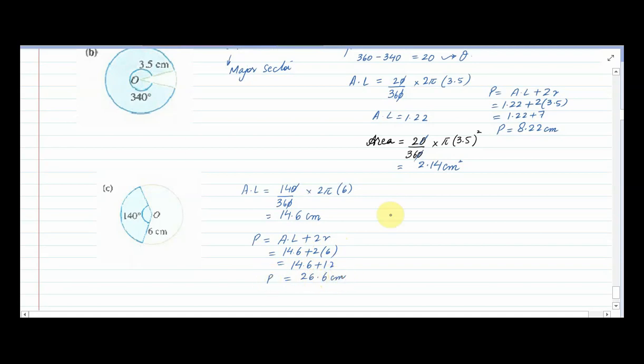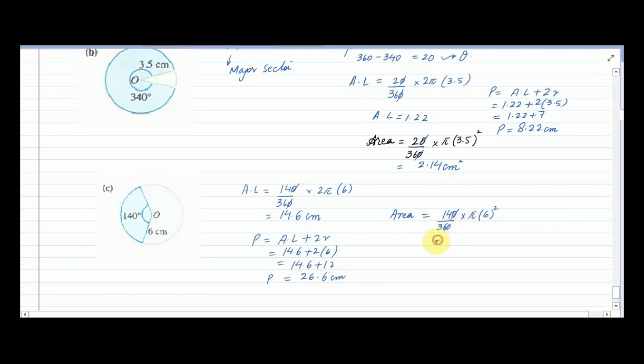And last, the area. So area of minor sector, its angle divided by 360 multiplied by pi r square, and r is 6. So when you simplify it, it's 14 times 3.142 times 36 divided by 36.